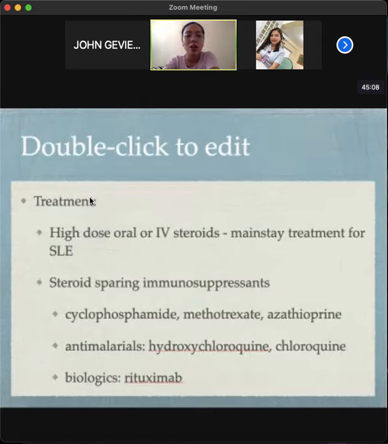What other eye problem would you see for patients with long duration of steroids? Cataract. So very good. So cataract. So usually they are prone to have cataract.